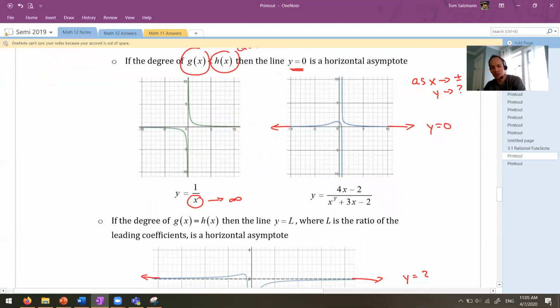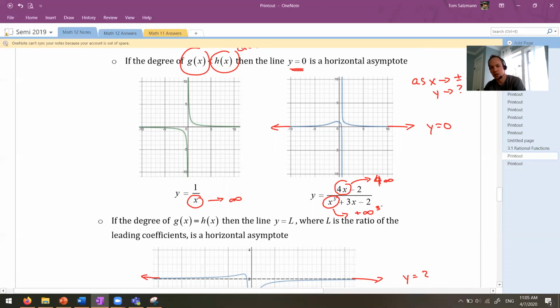Even if it's more complex, if the degree on the bottom is bigger than the degree on the top, think about it. As this goes to infinity, this is going to infinity cubed, and as this is going to infinity, it's going to 4 times infinity. What's bigger, a really big number cubed or 4 times a big number?